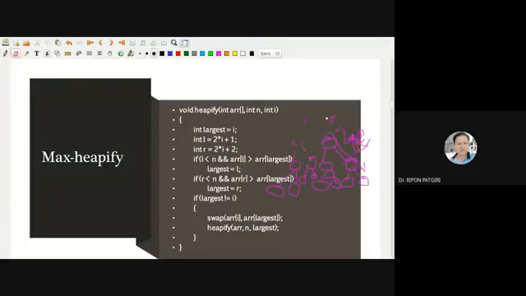Okay. So it is very clear, right? The time complexity of this reheapify is big O of log n, or the height of the tree is big O of log n, or this heapify is log n.